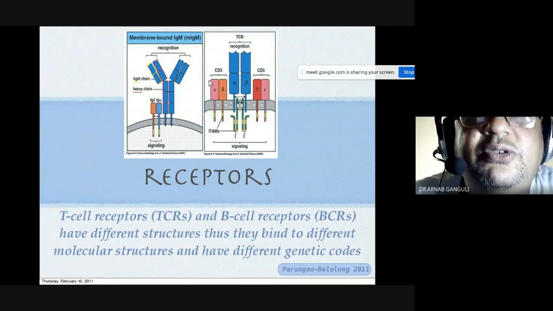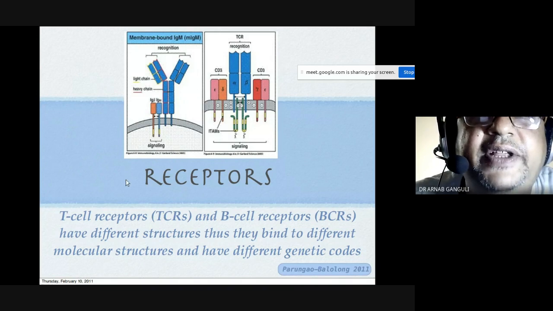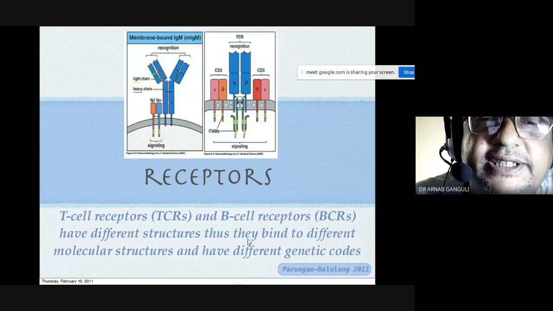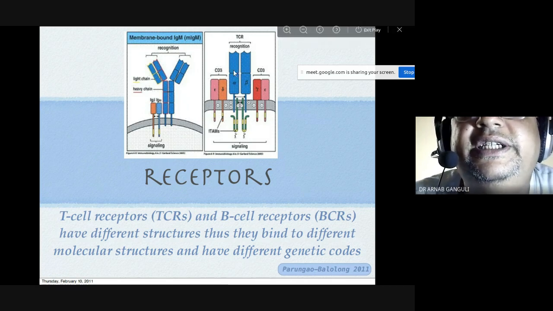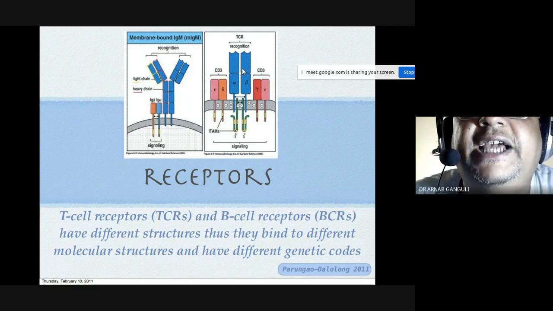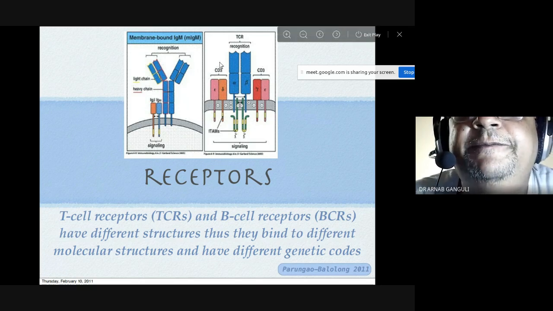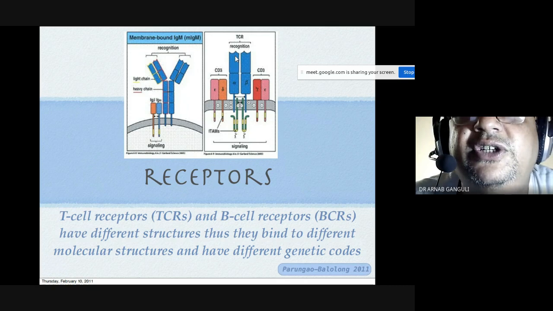Okay. Now, you have the receptors. The T cell receptors and B cell receptors have different structures. Thus, they bind to different molecular structures and have different codes. So, this is the T cell receptor. You have these types of CD3, and alpha beta subunits for recognition.